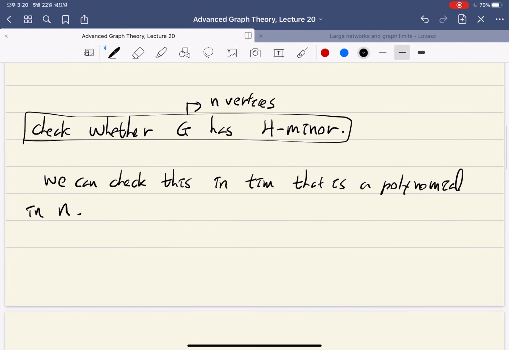So this is quite an efficient algorithm in the sense that it's only polynomial in n.